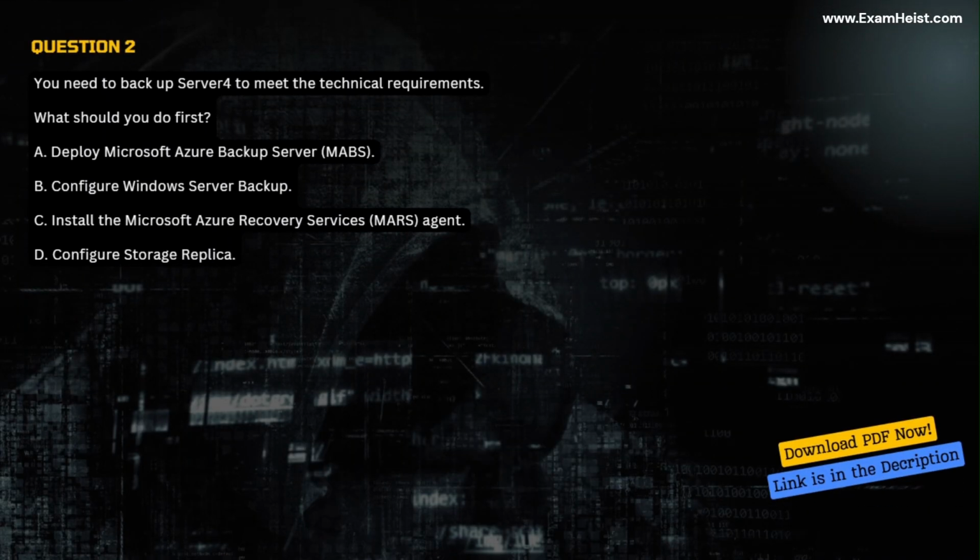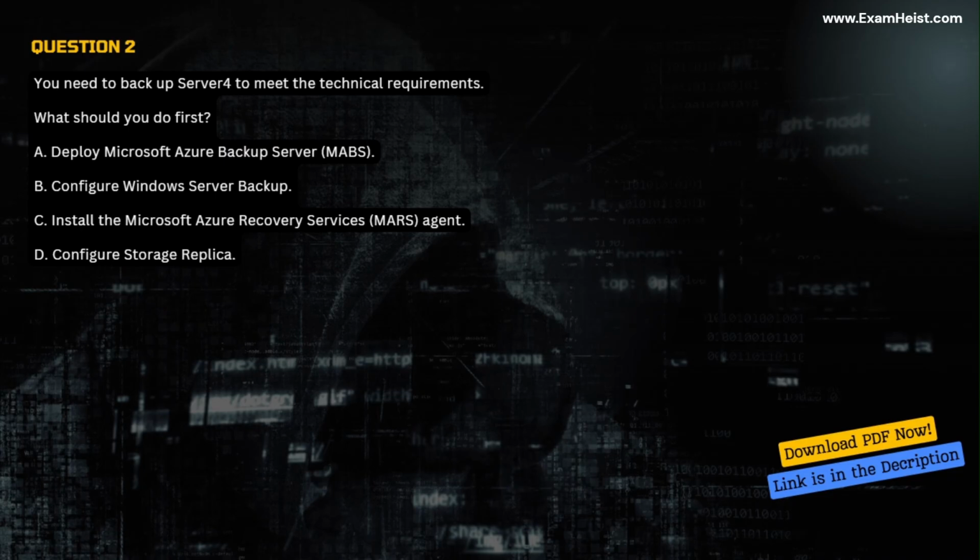Question 2. You need to back up Server 4 to meet the technical requirements. What should you do first? A. Deploy Microsoft Azure Backup Server (MABS). B. Configure Windows Server Backup. C. Install the Microsoft Azure Recovery Services (MARS) agent.